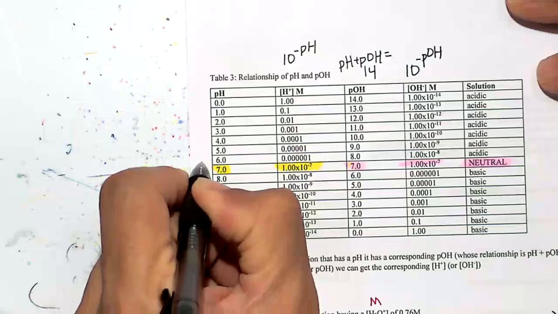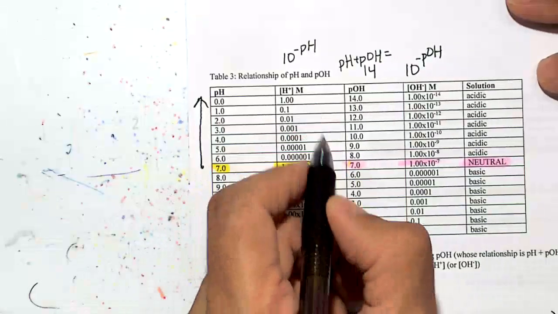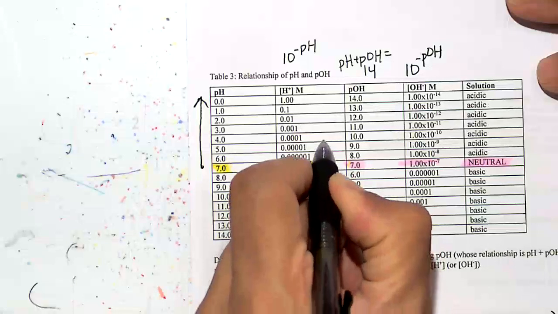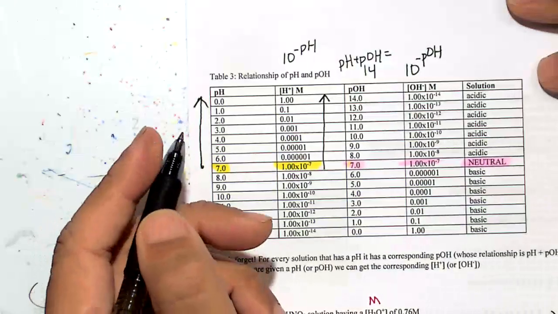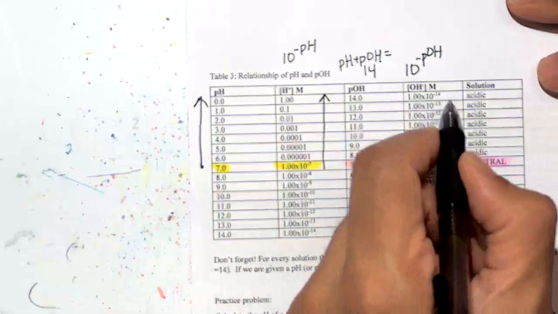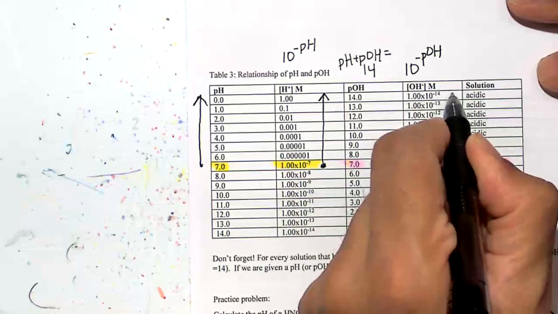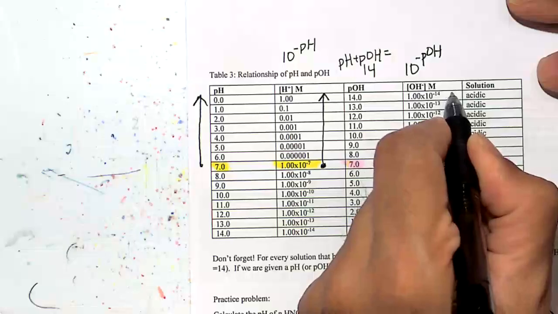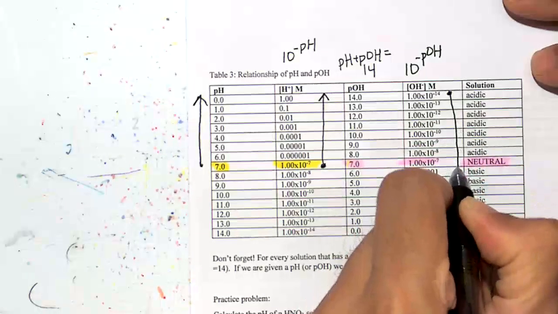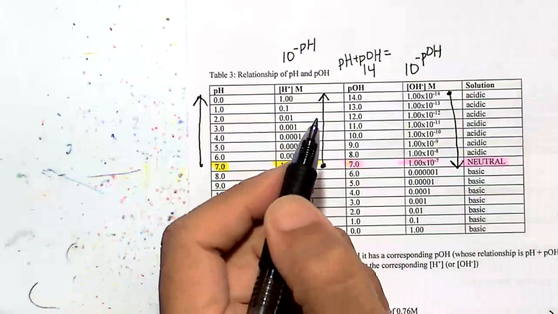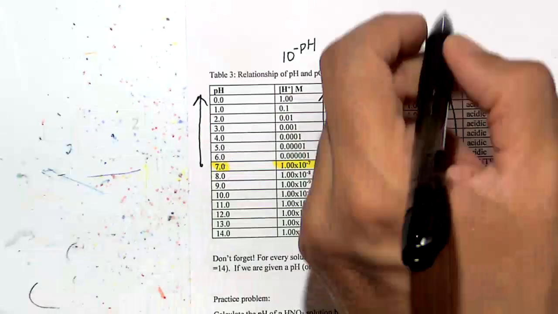So here, you notice you're getting more acidic. What's happening to the H plus concentration? It's getting higher, higher, higher, and higher. What's happening to the OH concentration as the H plus concentration gets higher and higher? This gets lower and lower. You see this? Okay.